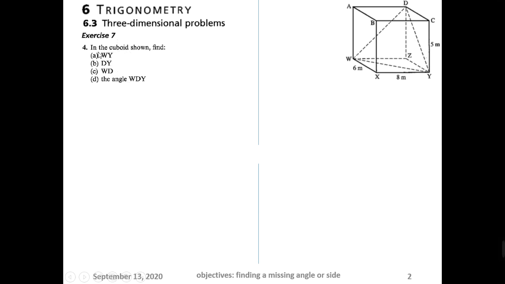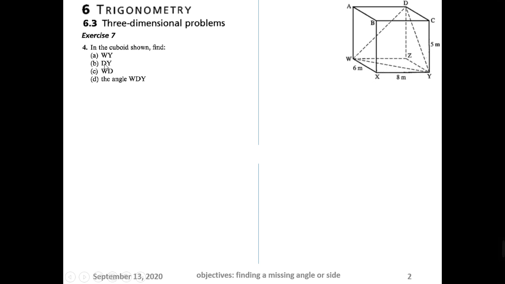For example, in the cuboid here, we call this cuboid or rectangular prism. Find WY, the length of side WY, meaning I have to take the ground floor or the face that is sitting on the ground to deal with WY.